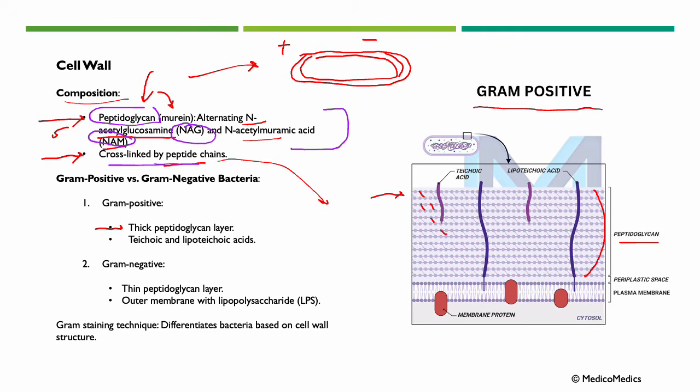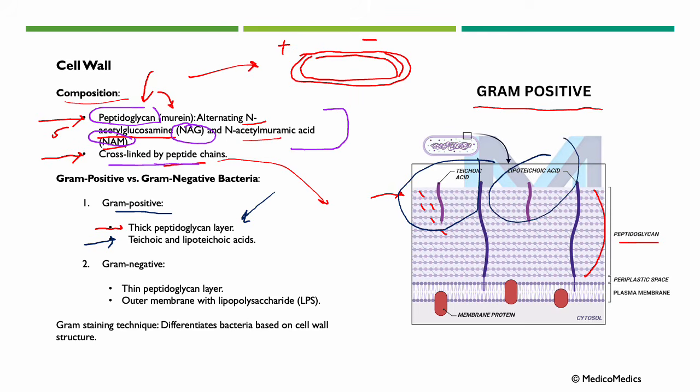And this cross-linking is what provides additional strength and stability to the entire structure. Now, we have gram-positive, which has a thick peptidoglycan layer. We also have teichoic and lipoteichoic acid here, as you can see illustrated.